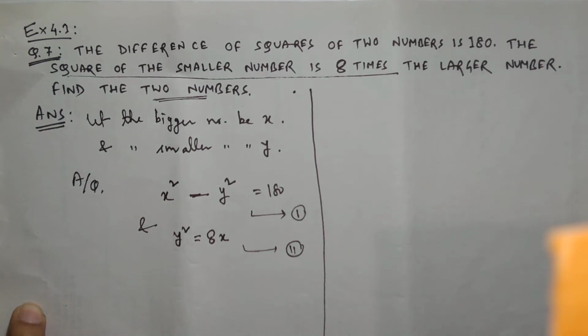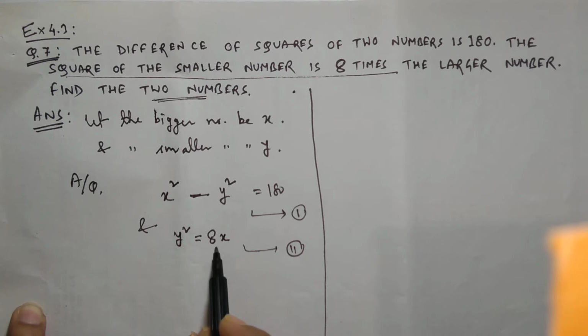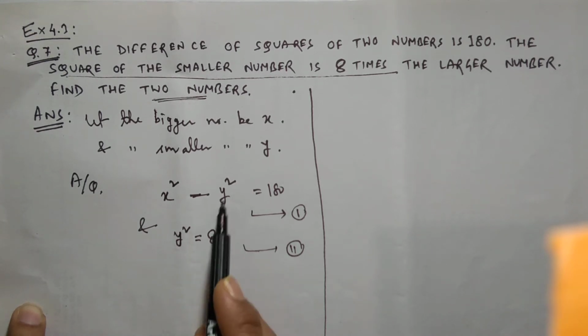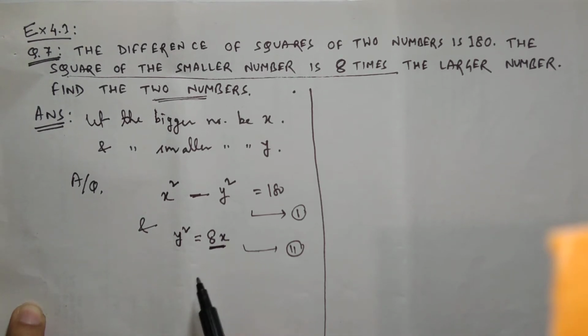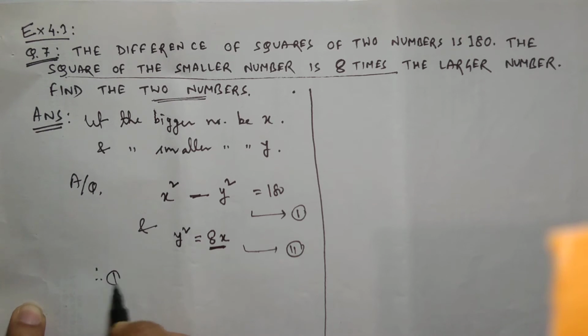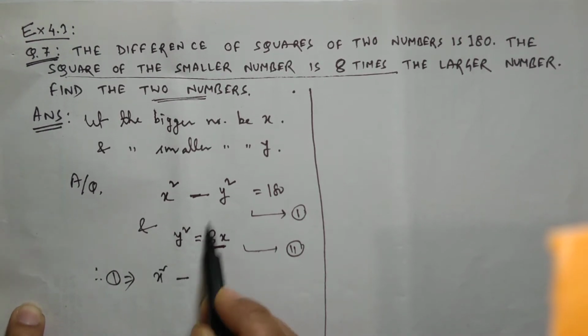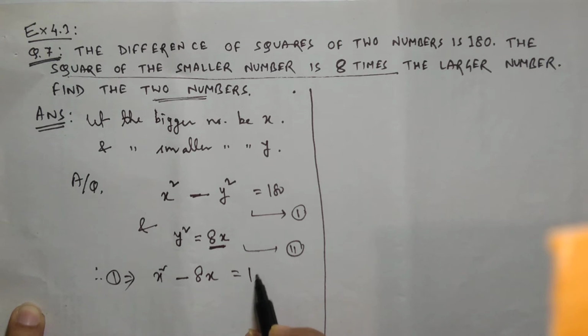Now see one thing, we have y square equal to 8x. So y square can be replaced by 8x. Therefore equation 1 implies x square minus y square, with y square replaced by 8x, is equal to 180.